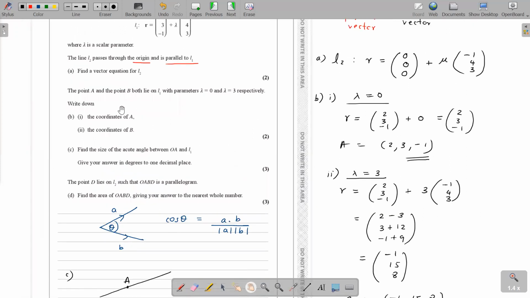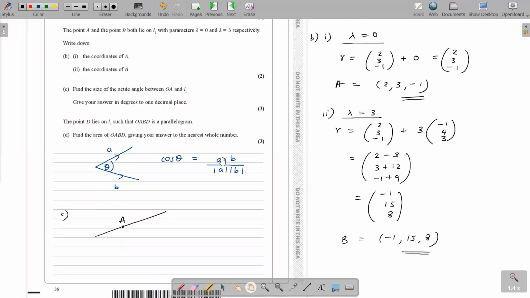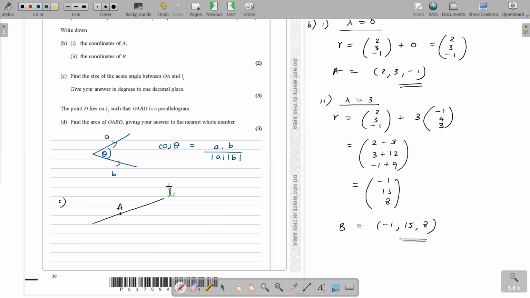They have told you here point A is on line 1. So this is your line 1, and the origin is somewhere else. I'll just mark it randomly here. This is O. So they're asking you to find the angle between OA and line 1.